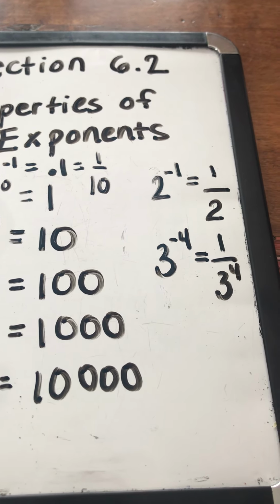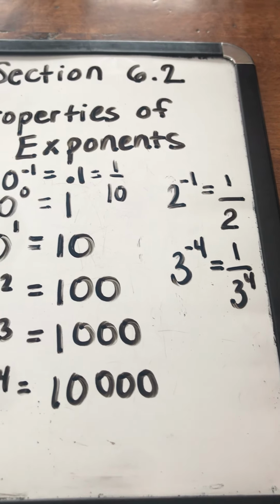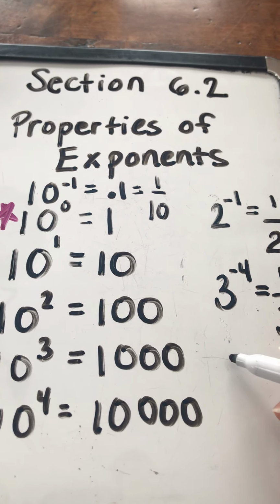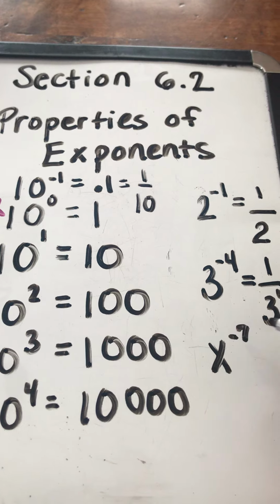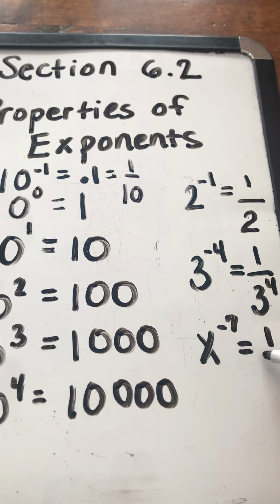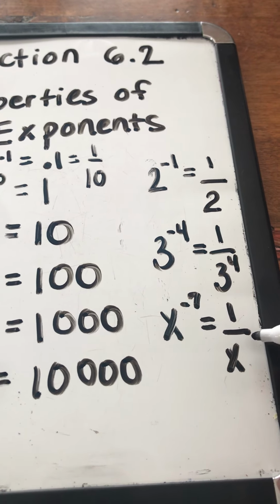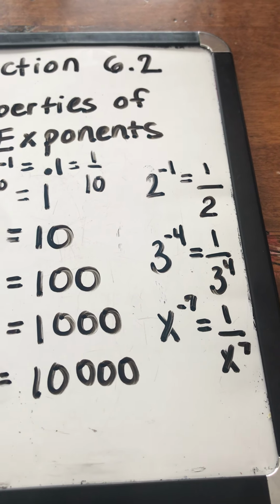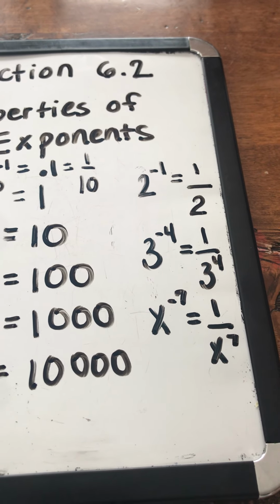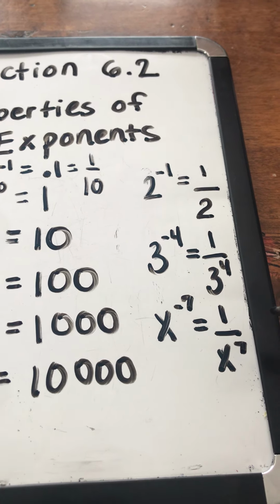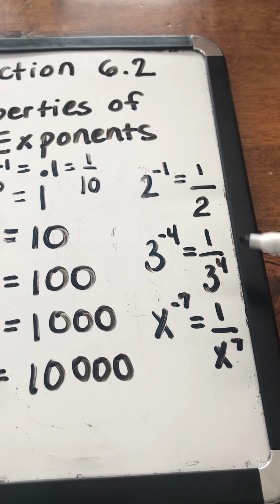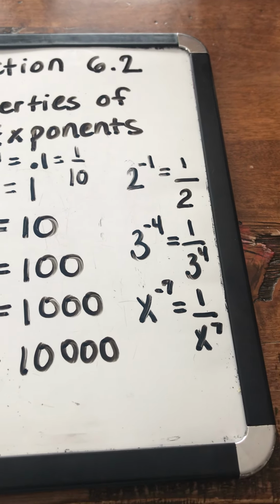It's 1 over 3 to the fourth power. If I had x to the negative 7th, that would become 1 over x to the 7th power. So negative exponents can be rewritten as positive exponents if you move them to the denominator.